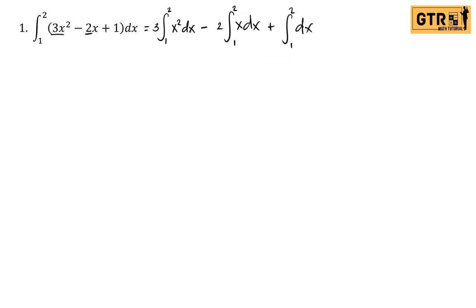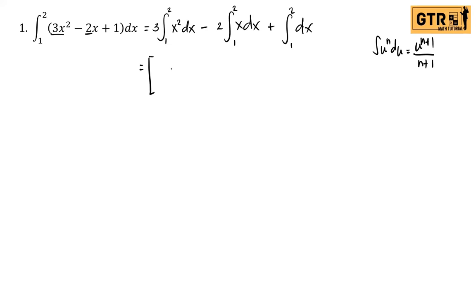We have a direct formula for all integrands. We just use the integral of u to the n du, which is equal to u to the n plus 1 over n plus 1. No need to write the plus c because this is a definite integral. We have a lower and upper limit.